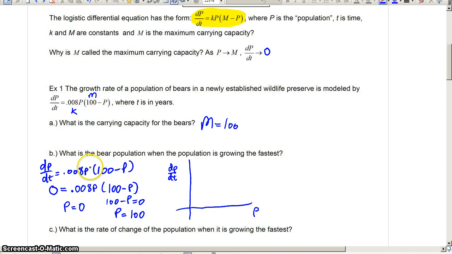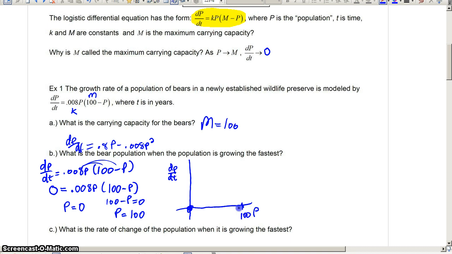Also, if we were to distribute the 0.008P across, you would get 0.8P minus 0.008P squared. This parabola clearly is going to be opening down. And so we would expect to see x-intercepts at 0 and also at 100.